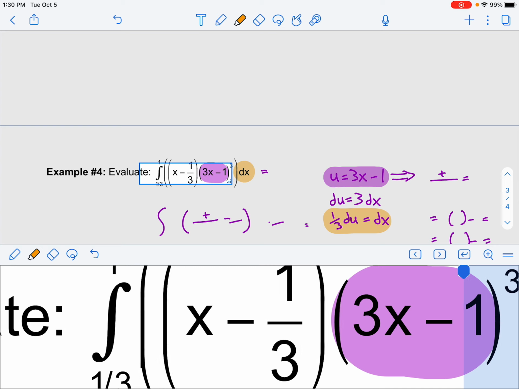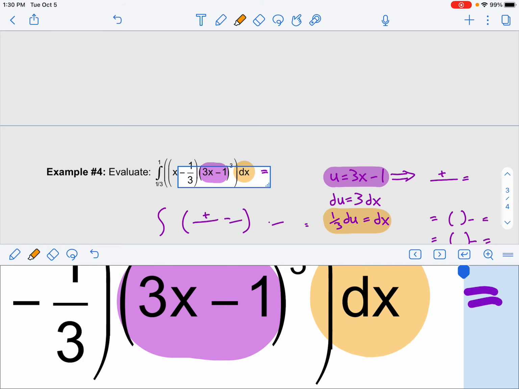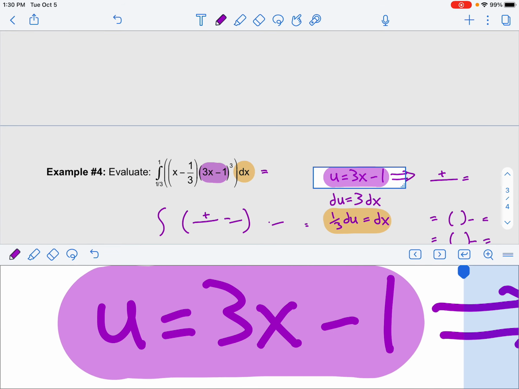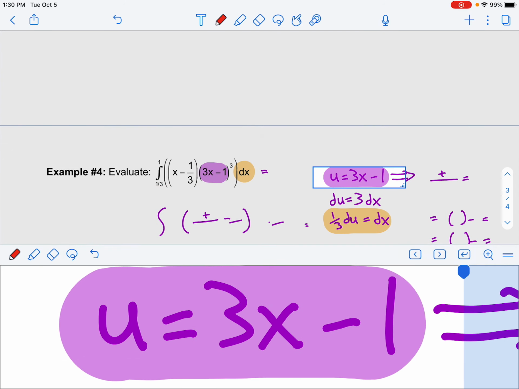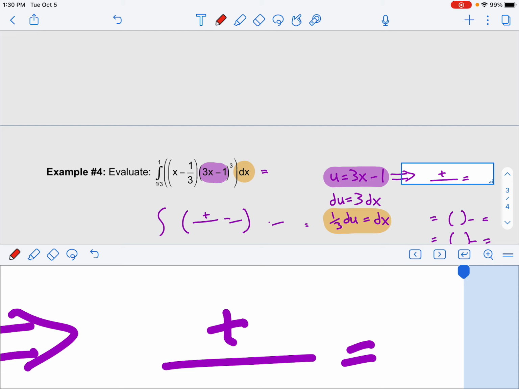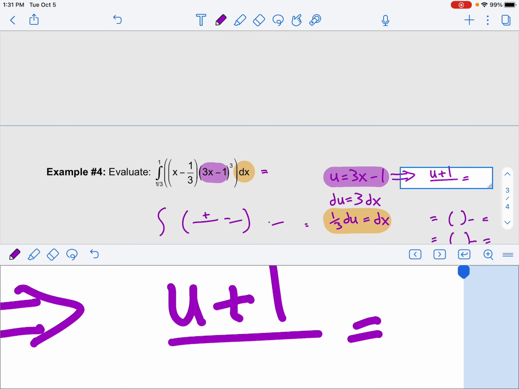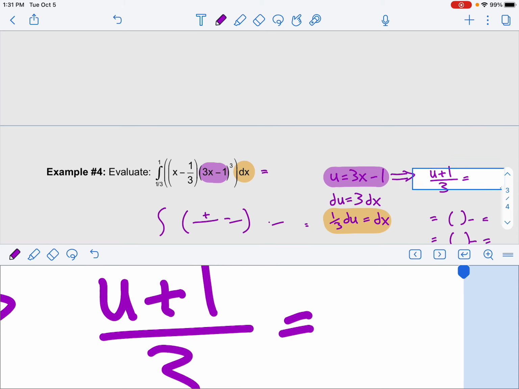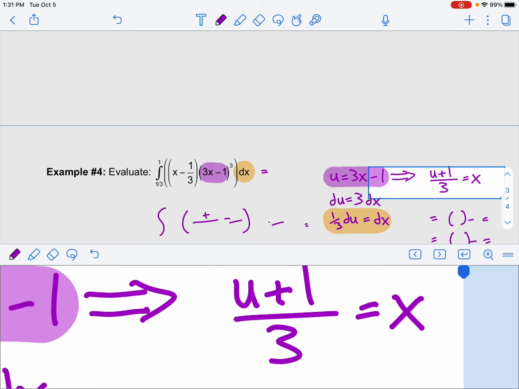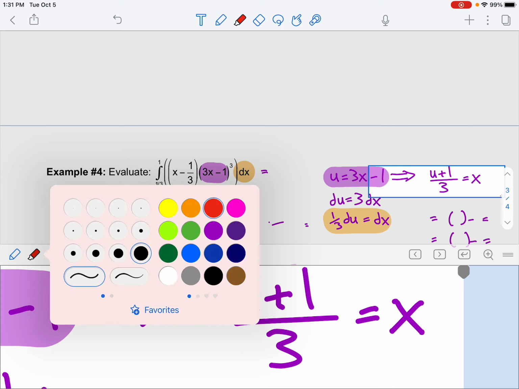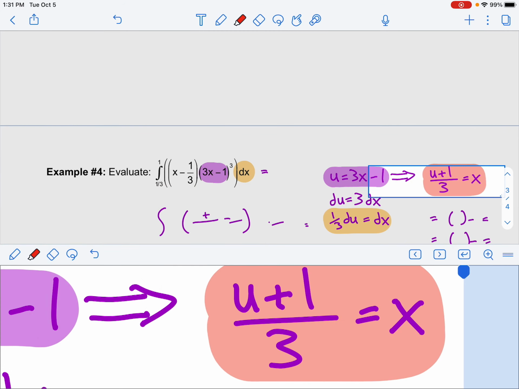I have another variable, and so this is going to bring it back to examples 1 and 2, where I need to solve for x using my u value. So add 1, divide by 3, and I'm going to get u plus 1 all over 3 is equal to x, and that'll be my substitution in for that variable.